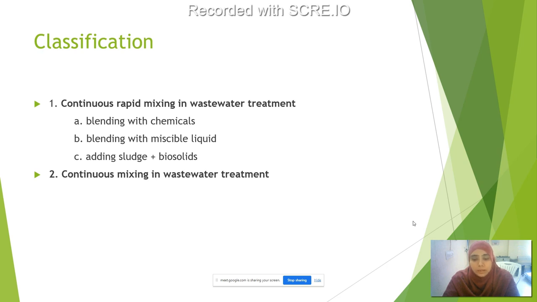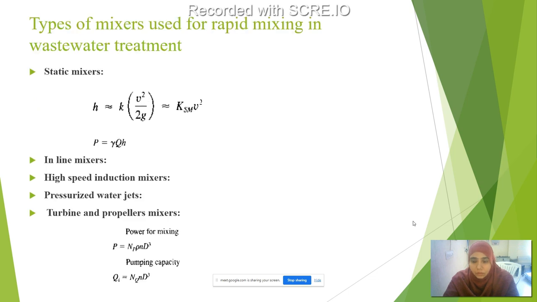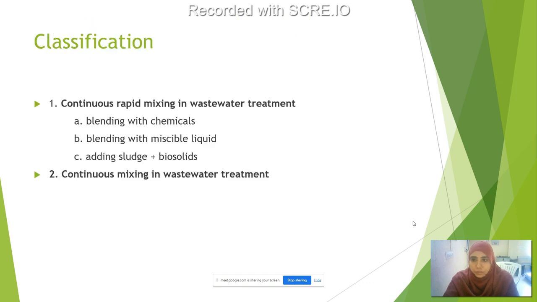The two applications are considered in this discussion for material in suspension.